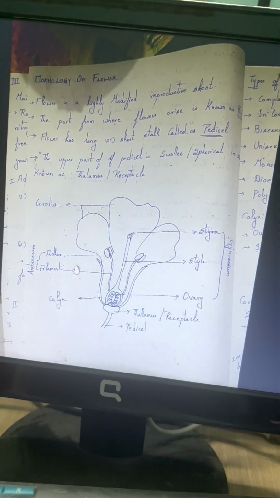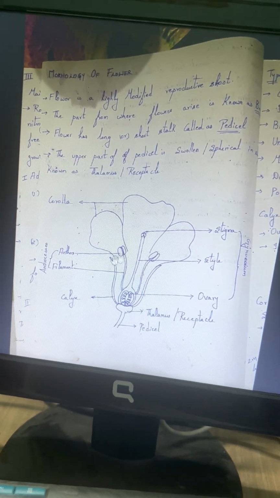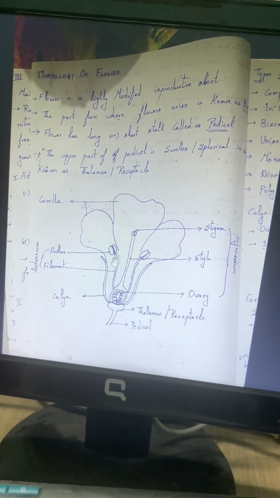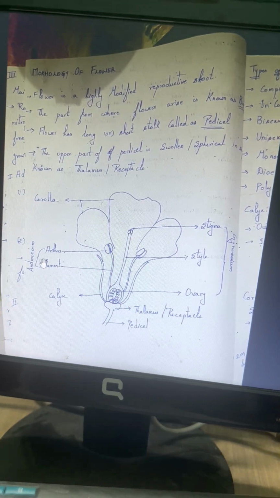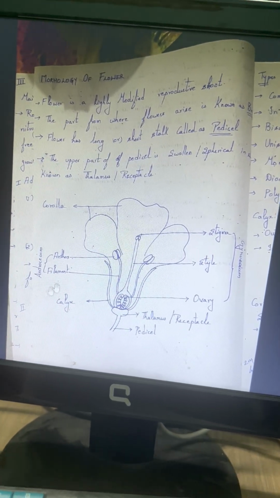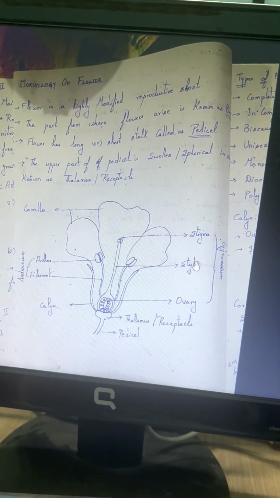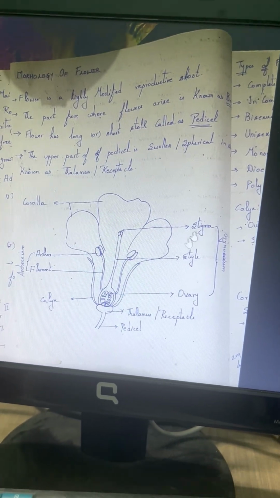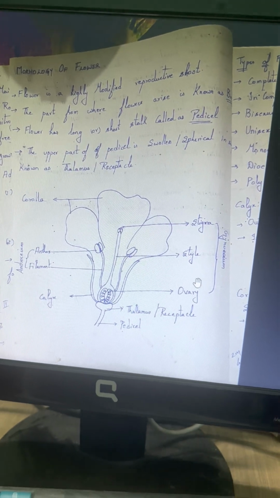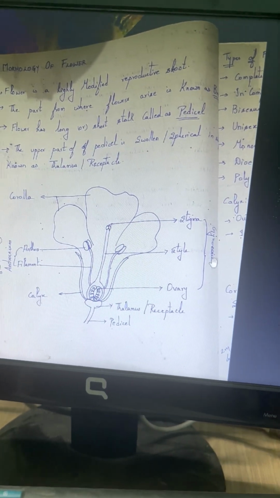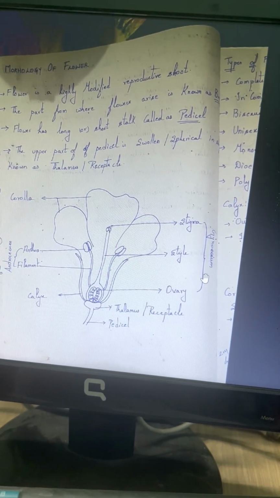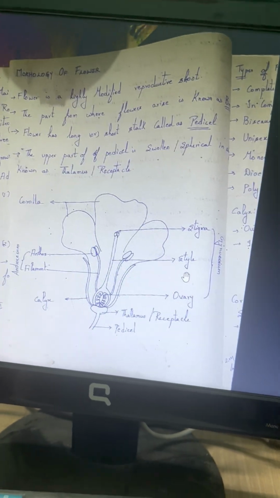The androecium, the filament and the anthers together, are the male reproductive organs of a flower, and the stigma, style and ovary are the female reproductive organs of the flower, together known as gynoecium.